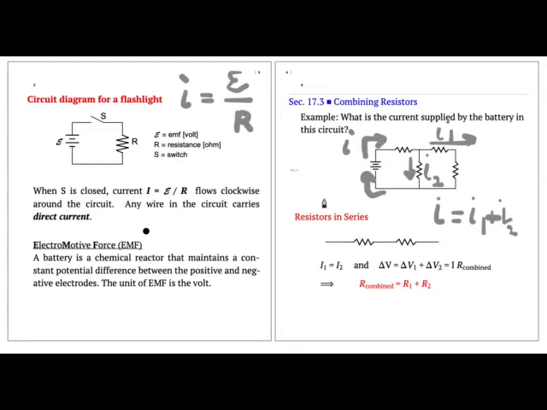And there are two combinations of resistors, series and parallel. So let's consider, for example, resistors in series. You have a current I coming in on this side. I'll get rid of this stuff.